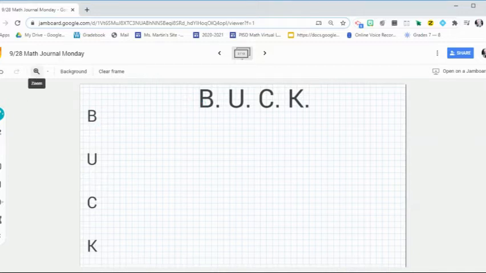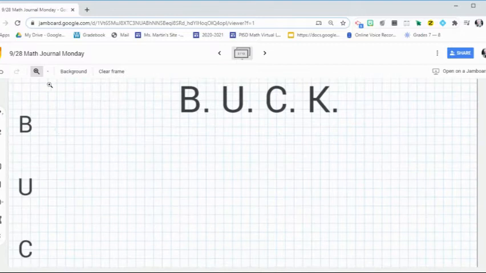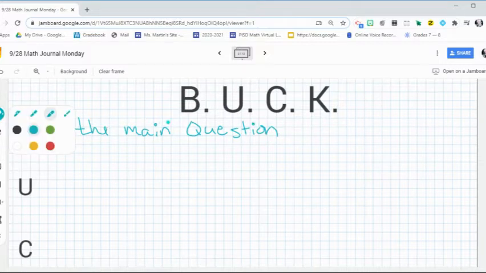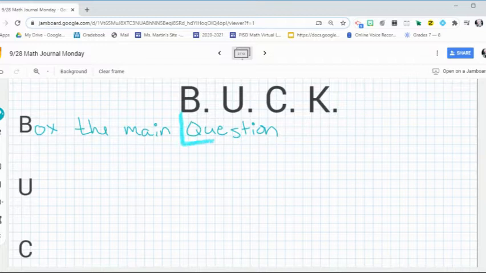Our first one, we are going to box the main question.